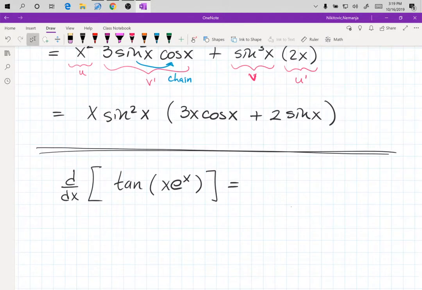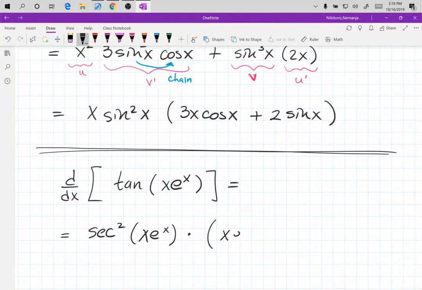So to do the chain rule, the derivative of tangent is secant squared of the same x e to the x inside, and then we multiply by the derivative of the inside, which is when the product rule kicks in. Copy the first, derivative of the second, plus copy the second, derivative of the first.